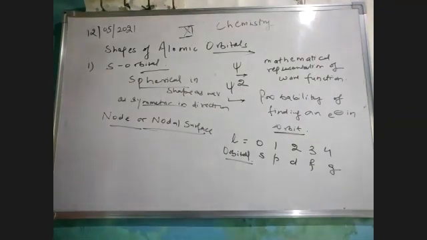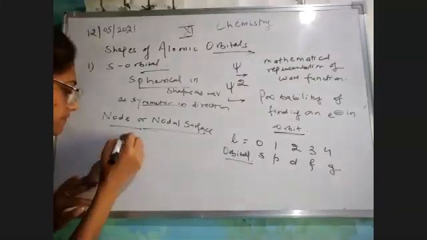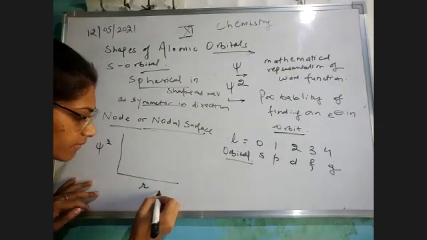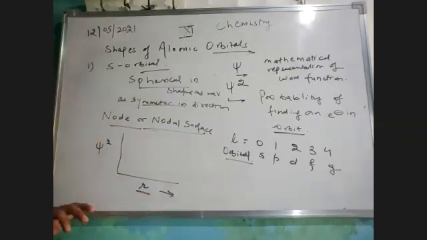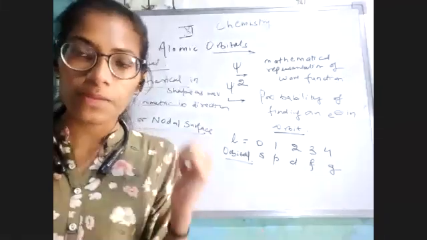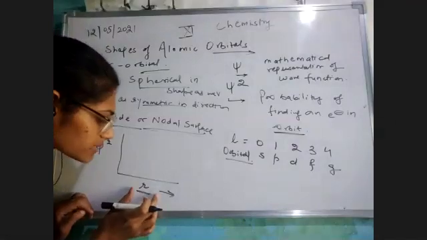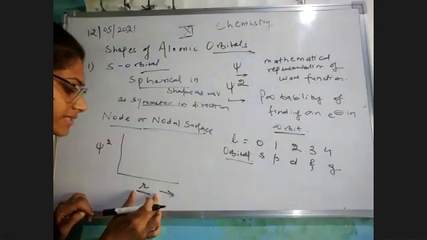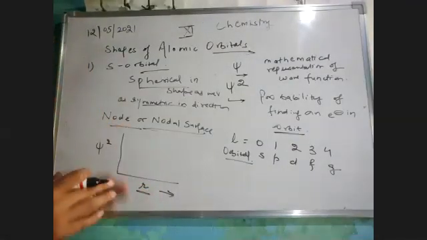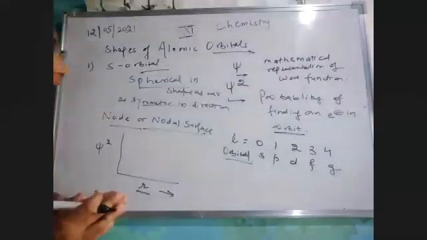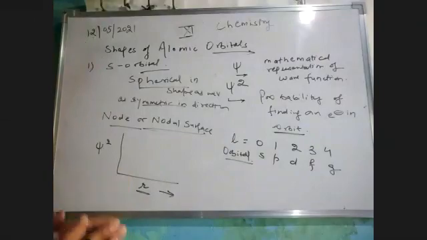So we have some graphs like this, where r represents the distance of that particular orbit from the nucleus.